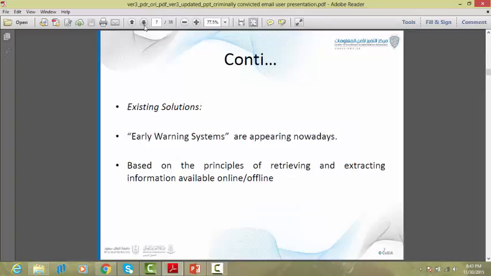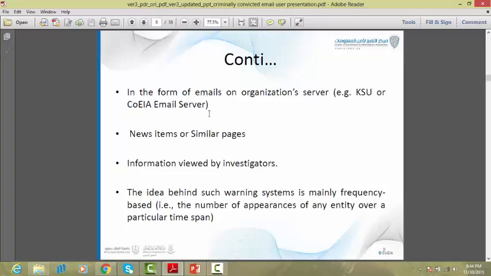So what is the solution to such a problem? Well, we can have some existing solutions. We can have early warning systems which are based on principles of retrieving and extracting information available online or offline. We can also have mail servers.